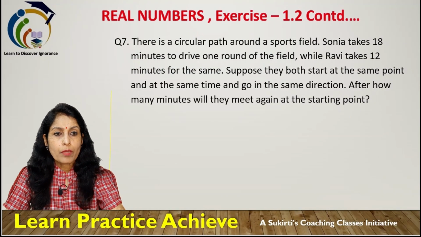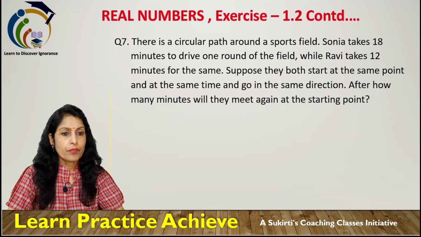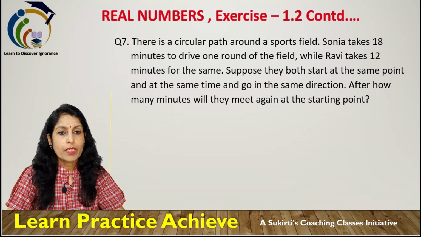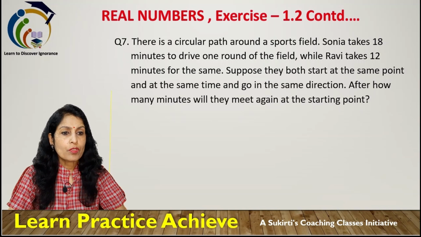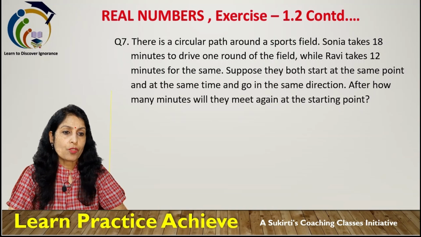Question number 7. There is a circular path around the sports field. Sonia takes 18 minutes to drive one round of the field, while Ravi takes 12 minutes for the same. Suppose they both start at the same point and at the same time and go in the same direction.